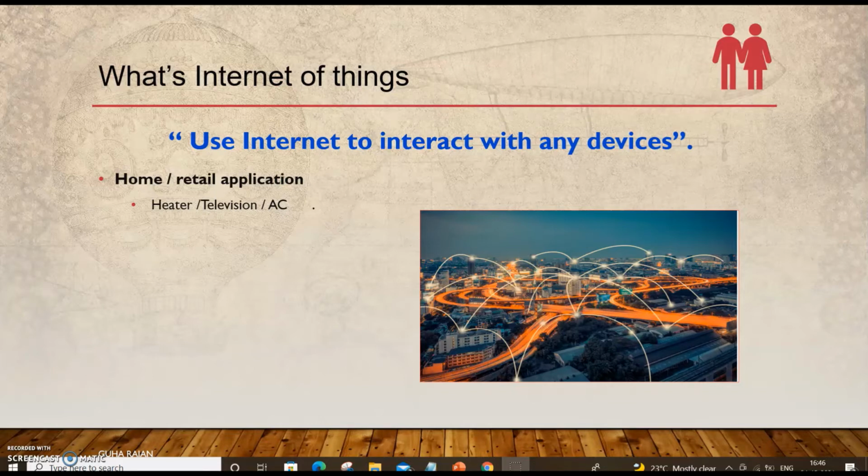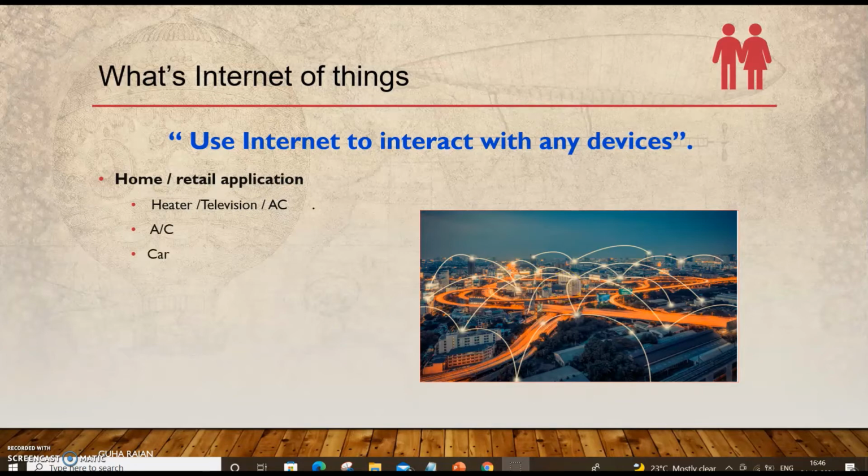Otherwise you need to reach home and then switch on the heater, and it's going to take maybe 10 minutes before the water gets heated up. So if you want to utilize your time effectively, then you can go for IoT based devices.